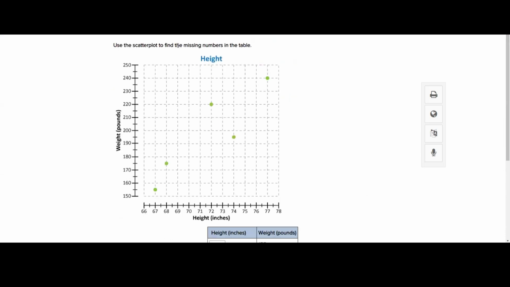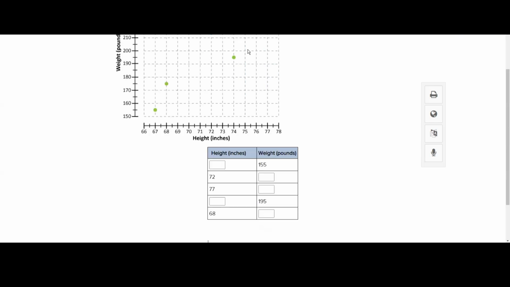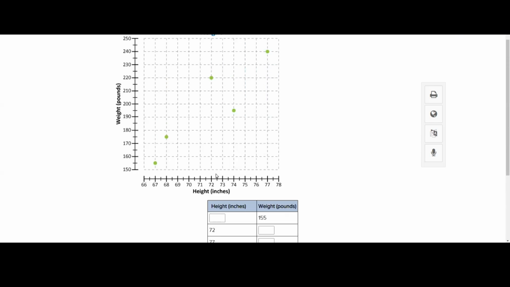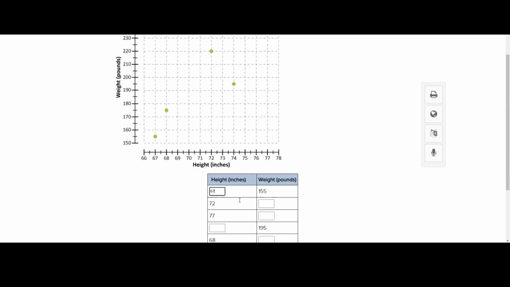Use the scatter plot to find the missing numbers in the table. So 155 pounds. Let's go to the pounds. 155. This is 150. 155 is around 67. Okay. Then 72.